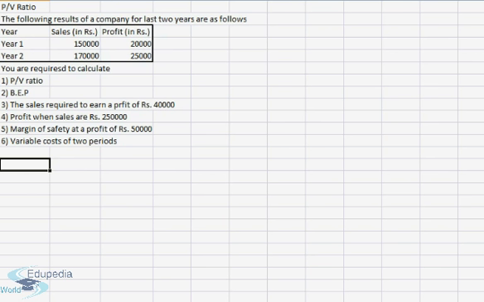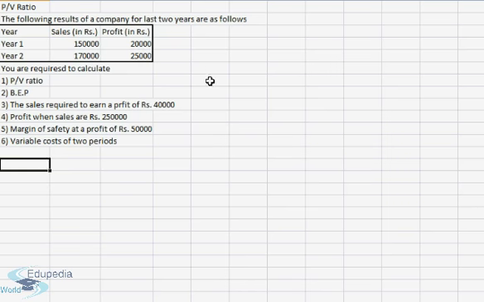Whenever you are provided with the data of 1 year, like contribution and sales, you can easily calculate the profit to volume ratio. Or if you are provided with 2 years' data, like what we have been provided here in our problem, which we are going to discuss right now, then you can find the change in contribution and divide it by the change in sales to find the PV ratio.